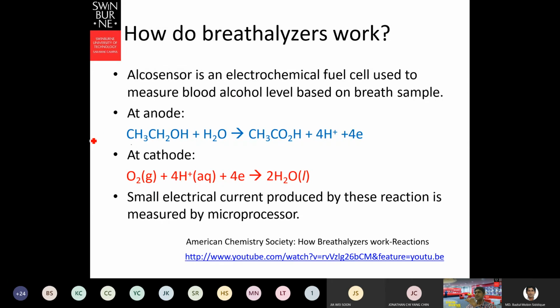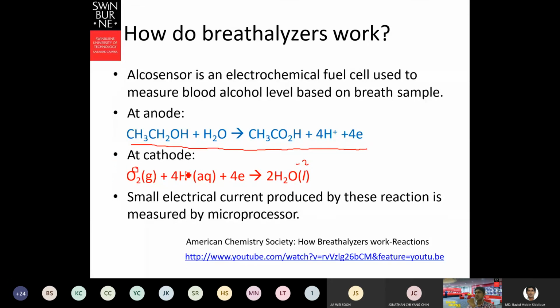At the anode, the alcohol is converted to acetic acid, and at the cathode, in the breath analyzer, the oxygen is reduced to a negative 2 charge, okay? It's reduced to negative 2 charge, it's not 0. Here it was 0 charge.